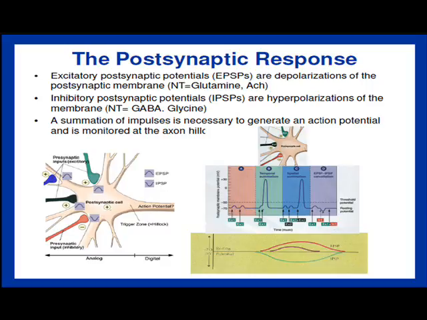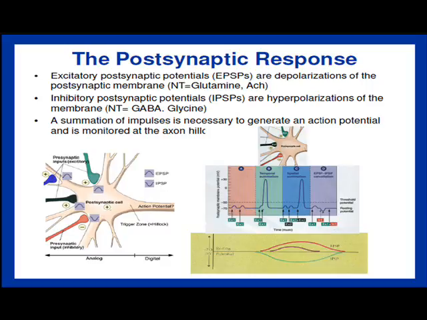What happens then? You've got hundreds of these coming in. This is just showing you 1, 2, 3, 4, but you've got hundreds of them coming in. All this information is, if you like, looked at by the axon hillock. It's all summed at the axon hillock, because it's the axon hillock that triggers the action potential. So a summation of the impulses necessary to generate an action potential is monitored at the axon hillock.